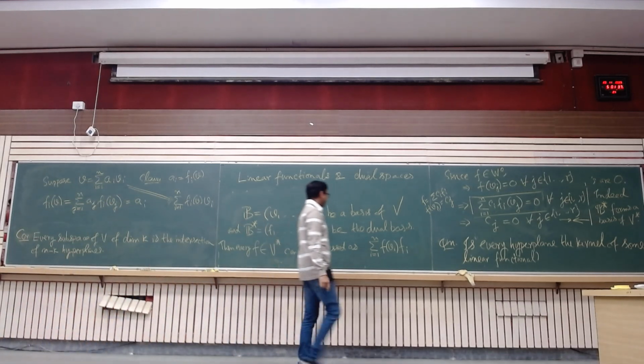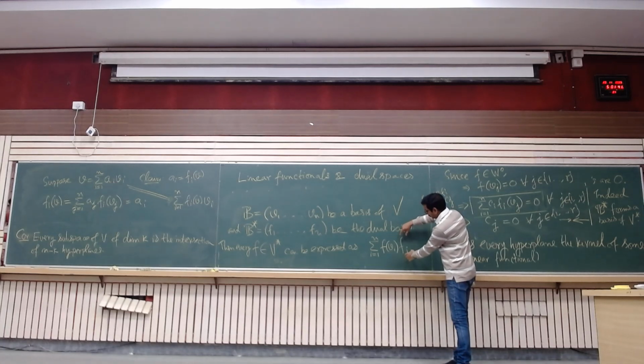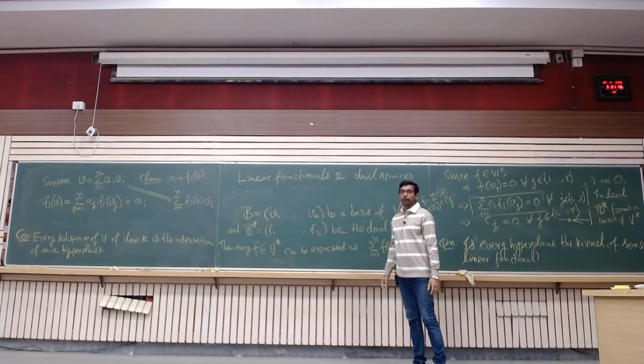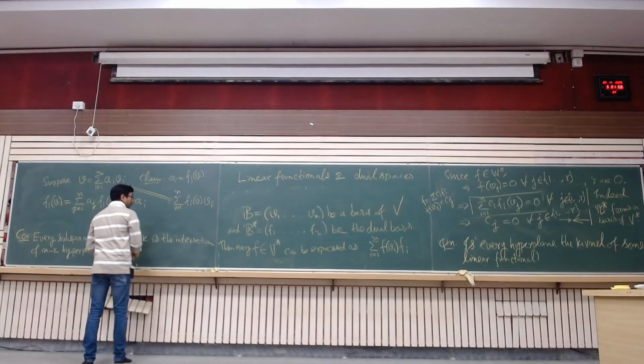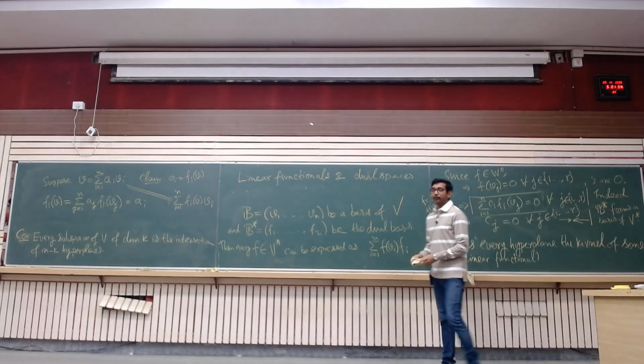So with the dual basis, we can write down not only the basis elements but also the coefficients in both spaces. Now comes the last part, that is, V and V double dual are canonically isomorphic.